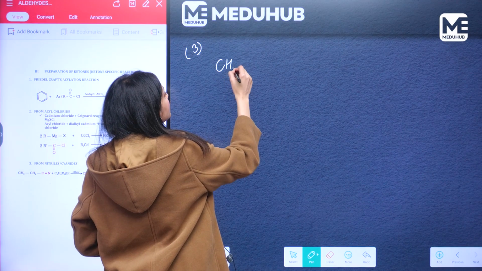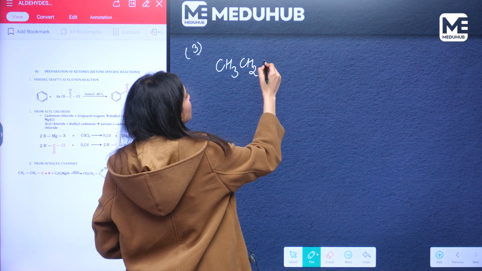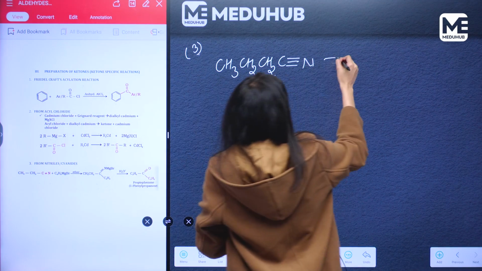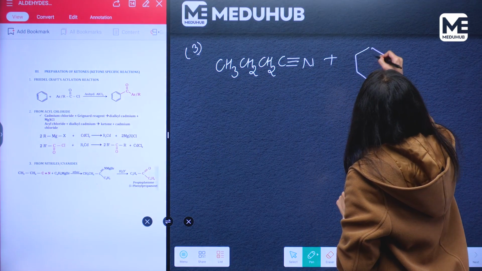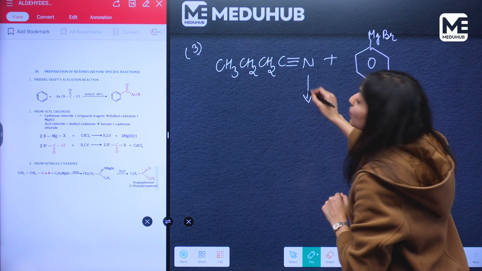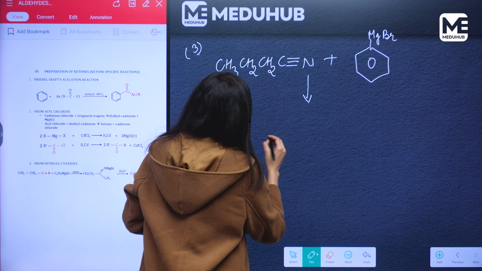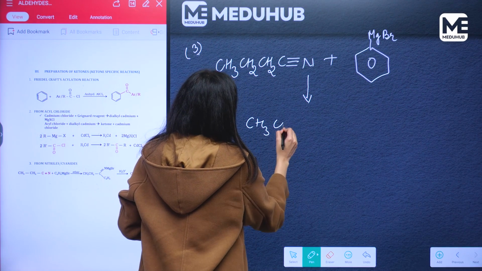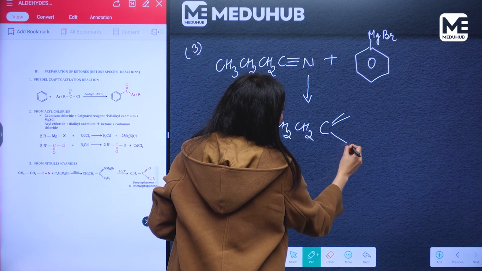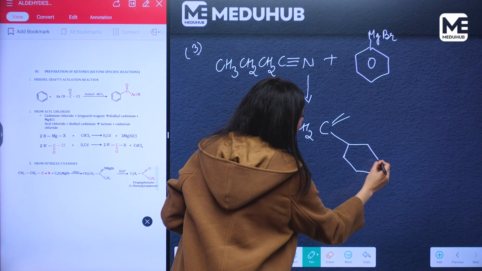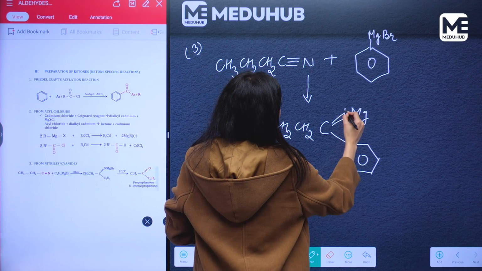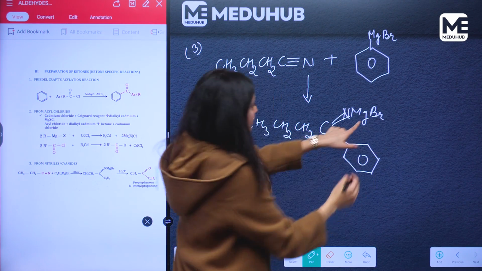We have CH3, CH2, CH2, let's take another example, triple bond N. This reacts with this Grignard reagent here to give us a complex which can be written like this: CH3, CH2, CH2, C, double bond here, and the phenyl group comes here, N, MgBr.